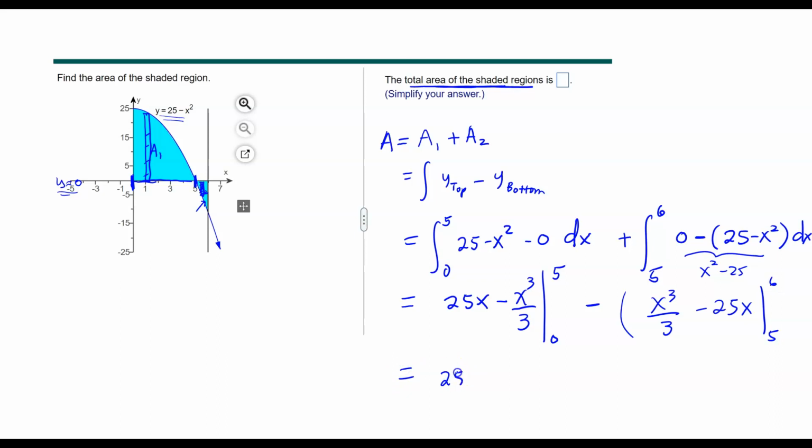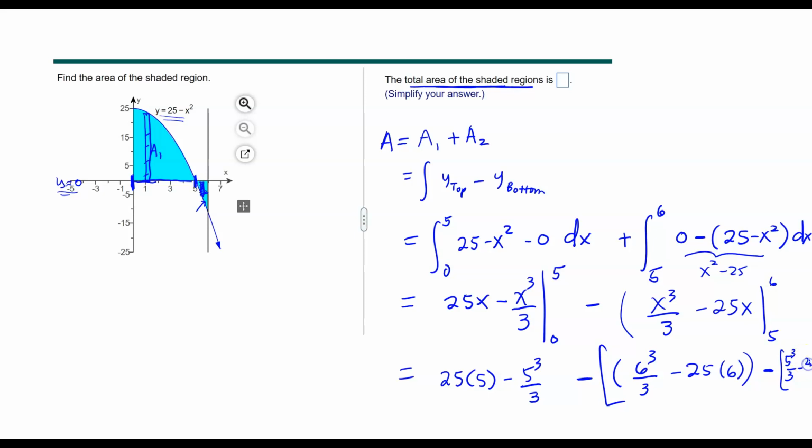And so you have 25 times 5 minus 5 cubed over 3 minus 0. Minus, you will have 6 cubed over 3 minus 25 times 6 minus 5 cubed over 3, you plug in at 25, minus 25 times 5.